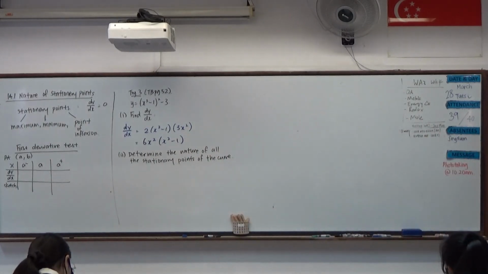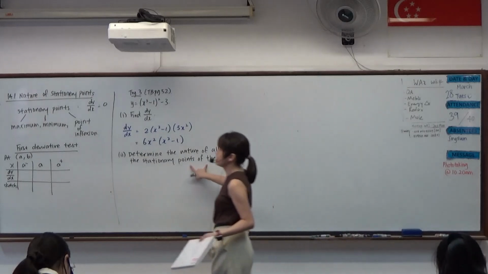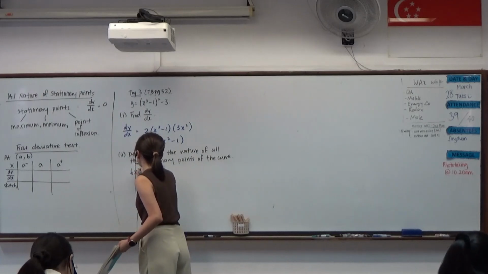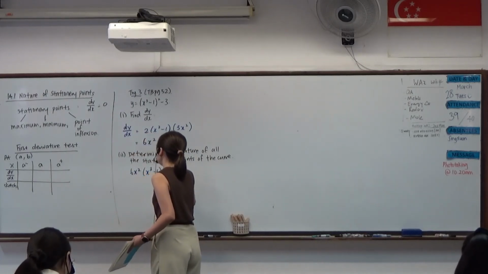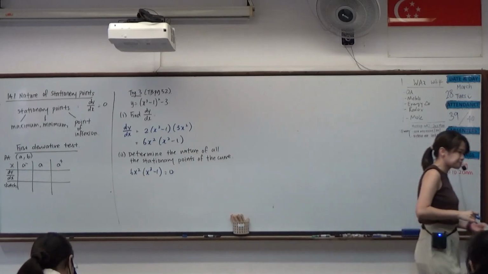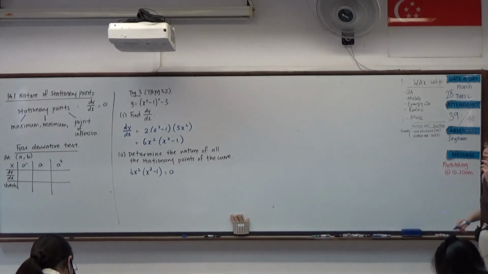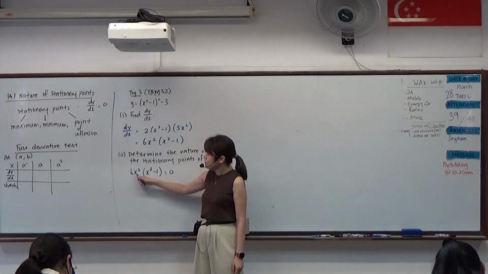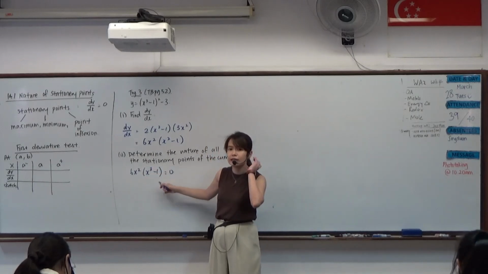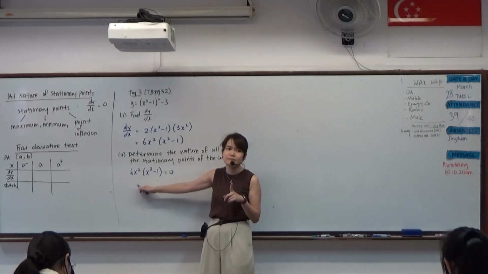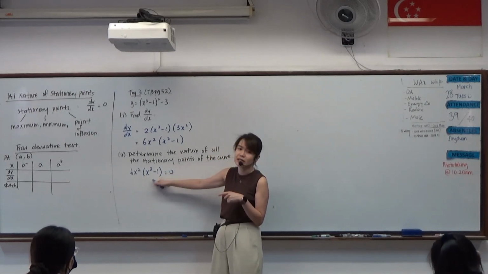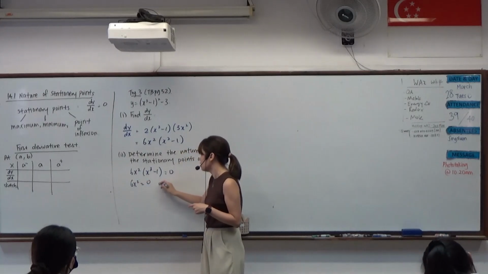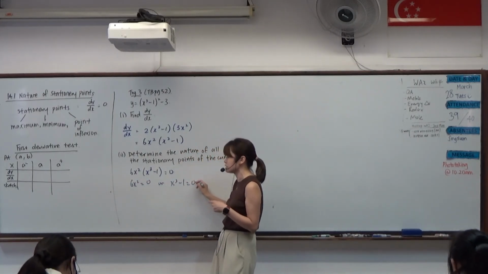Determine the nature of all the stationary points of the curve. And we know that stationary points are such that dy over dx is equal to 0. So therefore, 6x squared times (x cubed minus 1) needs to be equal to 0. If you have the tendency to divide variables, in this case your x, or cancel out your x, then that's dangerous, because you need to recognize that when 6x squared times (x cubed minus 1) is equal to 0, this means that 6x squared is equal to 0 or x cubed minus 1 equals 0.